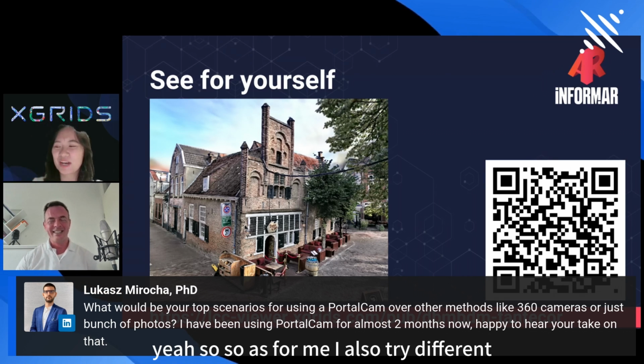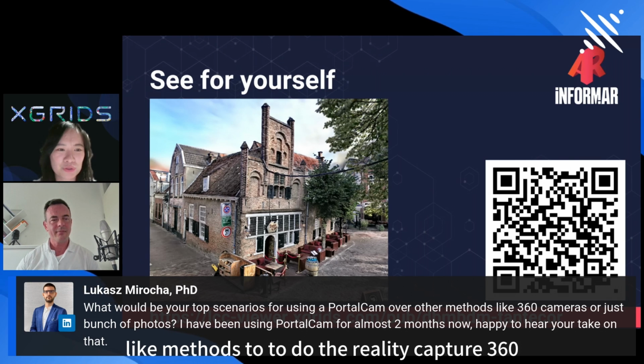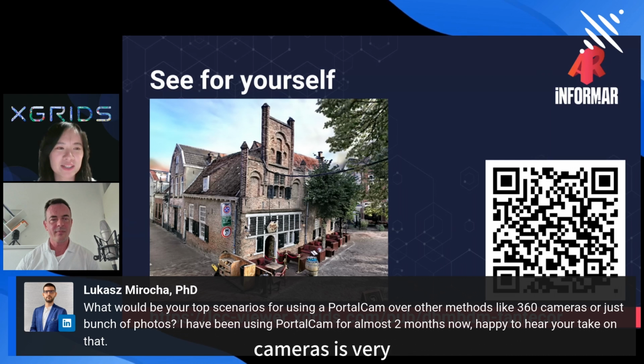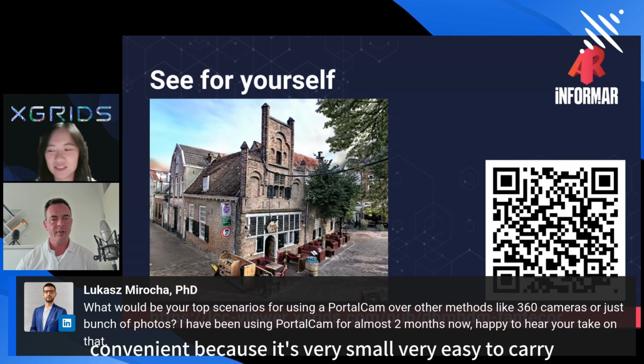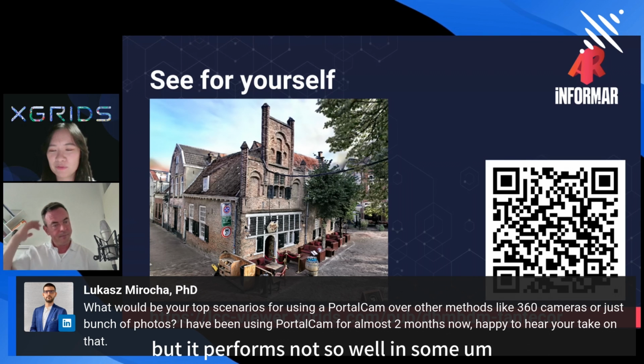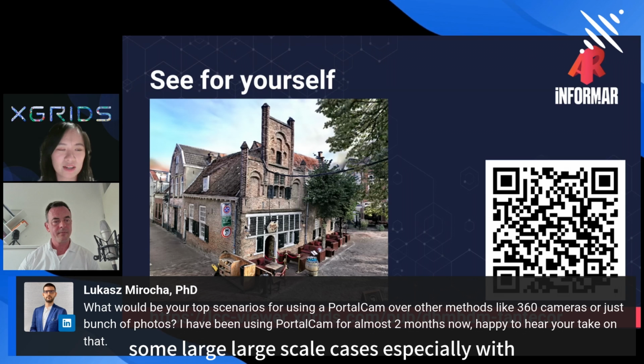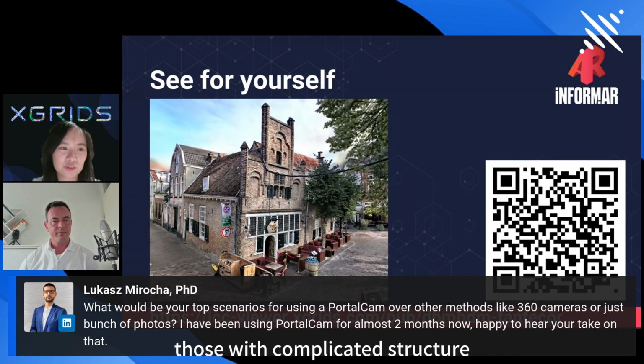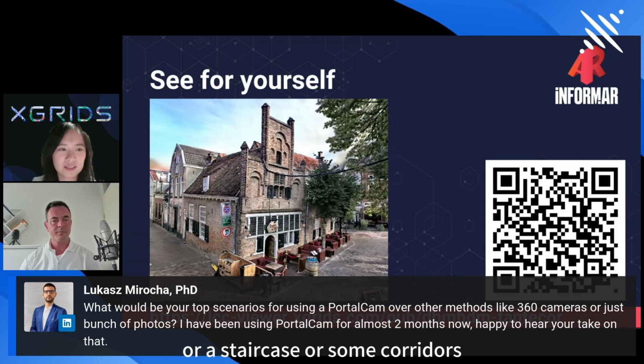As for me, I also tried different methods to do reality capture. 360 cameras are very convenient because they're very small and easy to carry, but they perform not so well in some large-scale cases, especially with complicated structures, staircases or corridors.